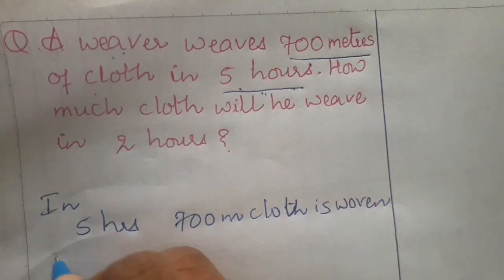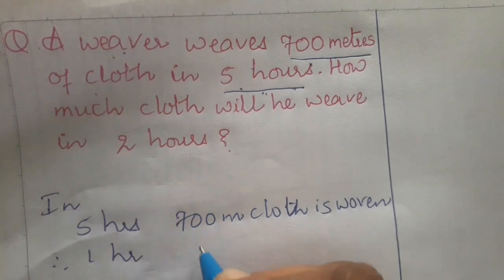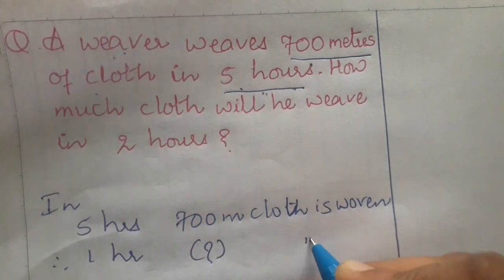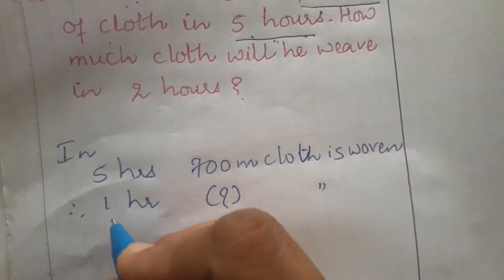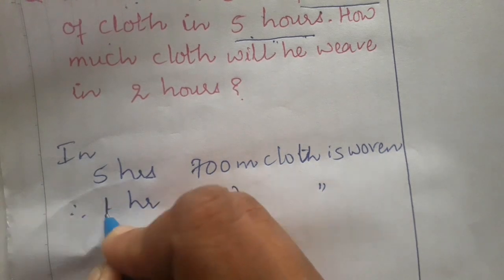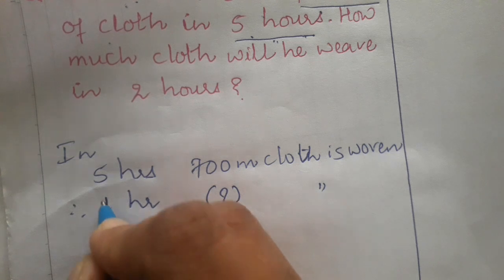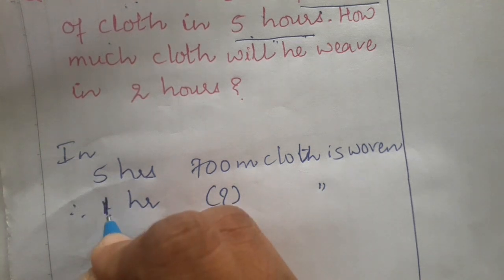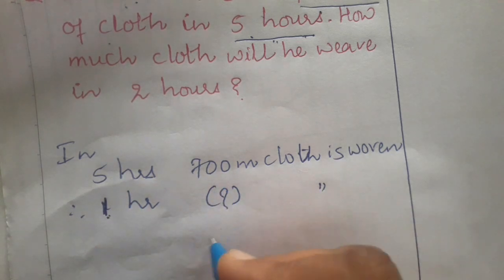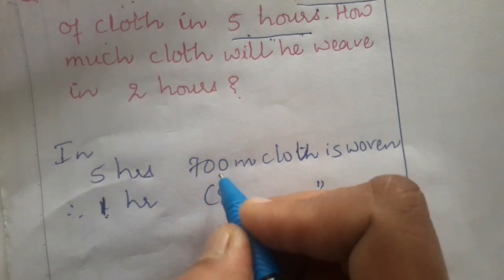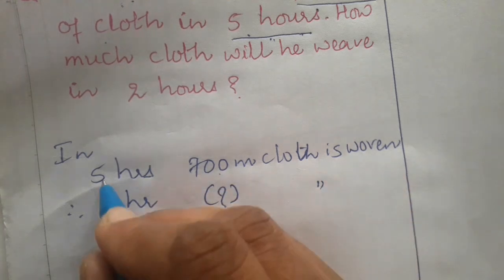That means in 1 hour how much cloth is woven? So you have found the quantity in 1 hour. That is unitary method. Particularly for 1 hour or 1 meter, whatever the quantity is given, you are going to think of that. So here you are going to divide 700 by 5.